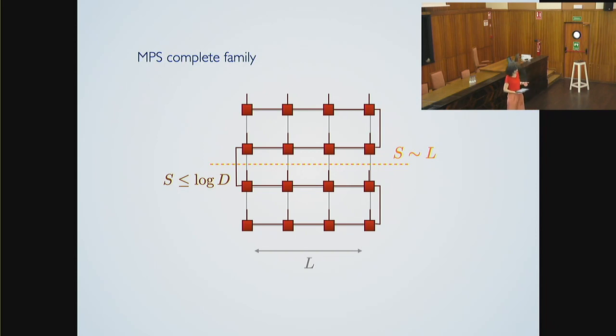If I have to support all this entanglement that grows with L in one bond, and I know that the entropy that I can hold is only logarithmic in the bond dimension, this immediately implies that to keep up with this entanglement when I make the system larger and larger, my bond dimension needs to scale exponentially with the system size. And exponentially, of course, is very bad for numerics. So this is something that we cannot do.